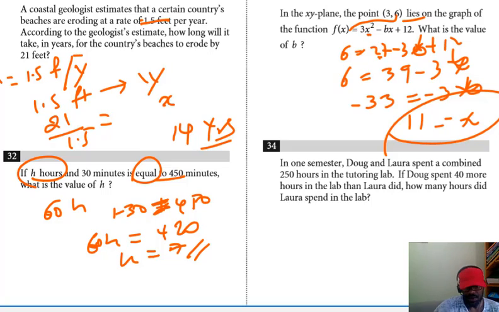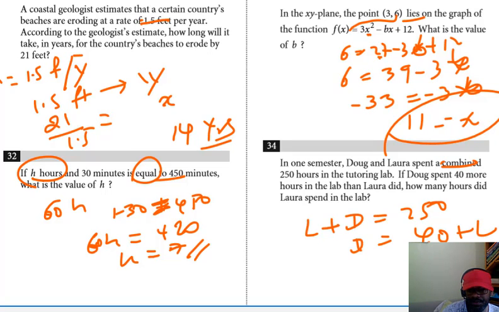In one semester, Doug and Laura spent a combined 215 hours in the tutorial lab. Combined, this means it's a system of linear equations. So L plus D is equal to 215, but in this case Doug spent 14 more hours than Laura.